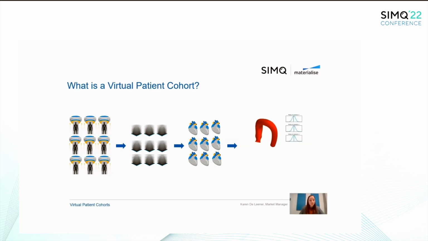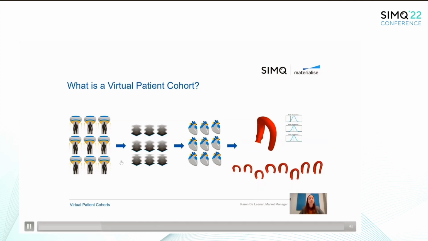You can vary then the modes of variation to get the average patient, but you can also create worst case scenarios. The benefit now is that we're not only limited to the patients that we have medical images of, but that we can also interpolate in between them.